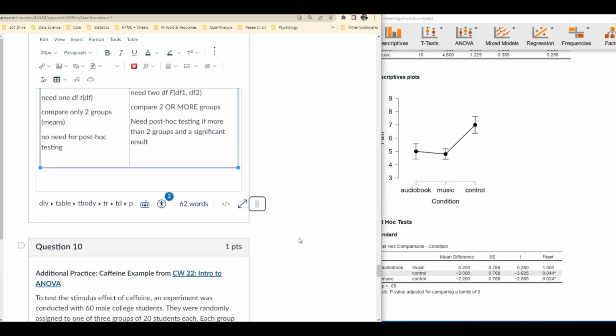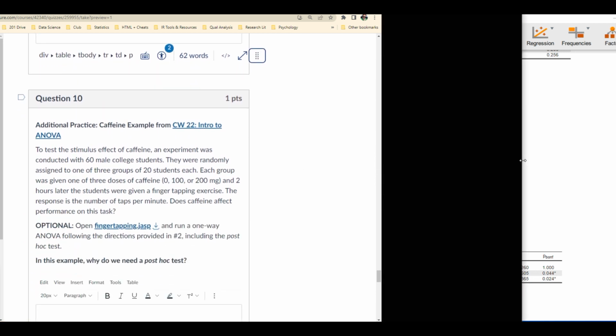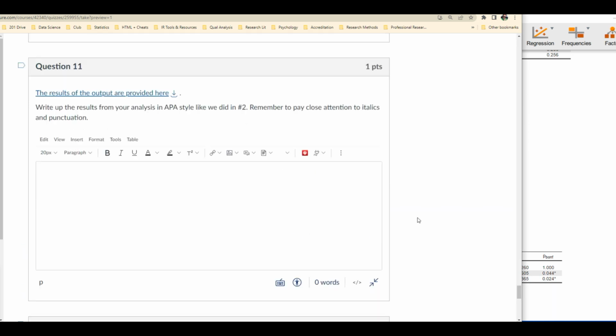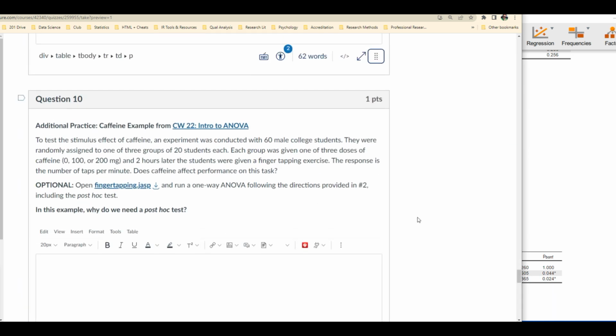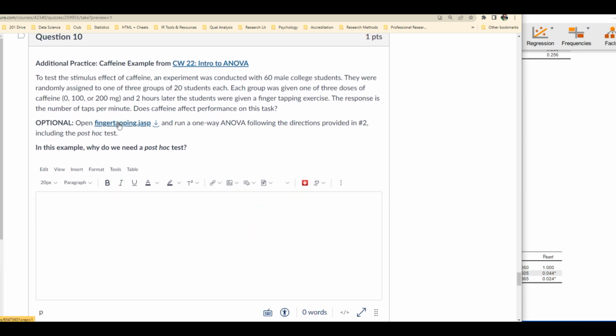Okay, now for this last part, this is referring back to a piece we did in the previous classwork. This last piece is going to be an option for you to practice writing APA style. You can practice running it in JASP.